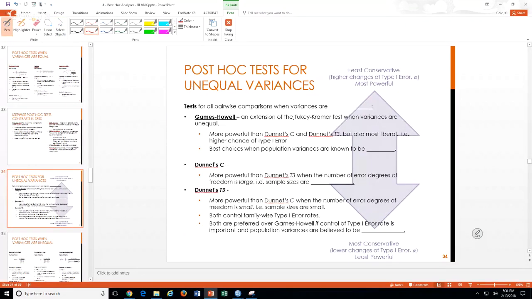And then there are only 3 that are used when variances are unequal. When variances are unequal in the omnibus F, what modification do you use? What's it called? Levene's test, homogeneity of variance. And if it passes, we just keep going. We look at our original F and we proceed.